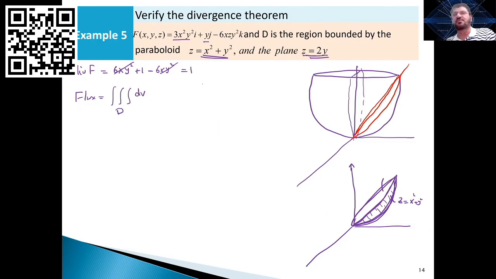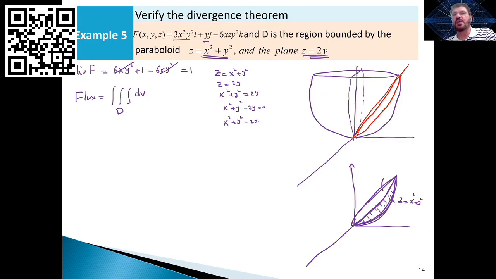So let's see what's the result of the intersection. You have z equal x squared plus y squared, and you have z is equal to y. So x squared plus y squared is equal to y. Bring y here, so you have x squared plus y squared minus y is equal to 0. Let's complete the square here.